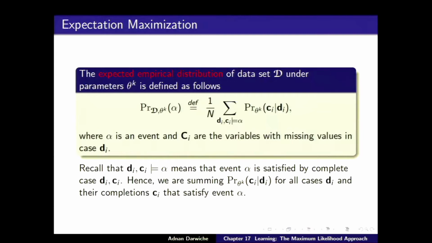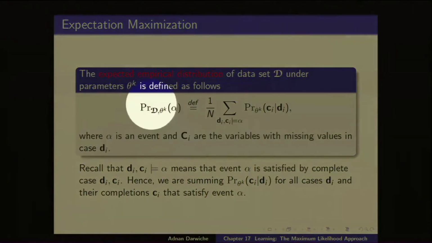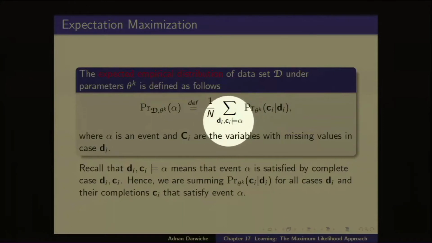There are two equations. This one explains what we just said, and the other is the more direct one. This talks about the notion of an expected empirical distribution, the one that depends both on the data set and whatever set of parameters you have at iteration k. And how do you use it to compute the probability of some alpha? Alpha is some arbitrary event. What am I doing here? I am iterating over every example d sub i. Now d sub i is not a complete example.